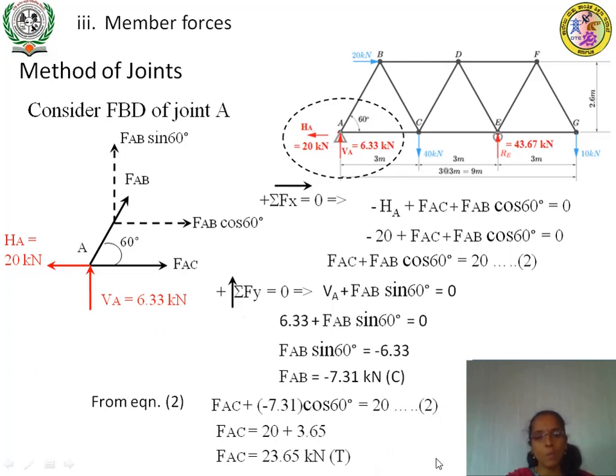Therefore force in member AC is 23.65 kilonewton. This is a positive term, and positive means the assumed direction is correct. That means FAC is under tension, whereas FAB is under compression.